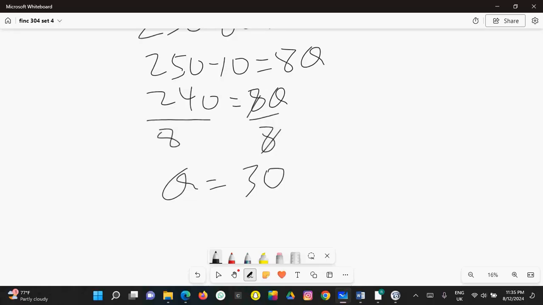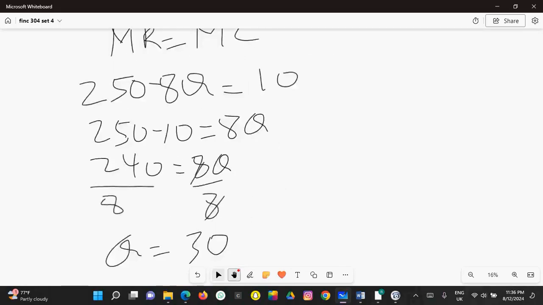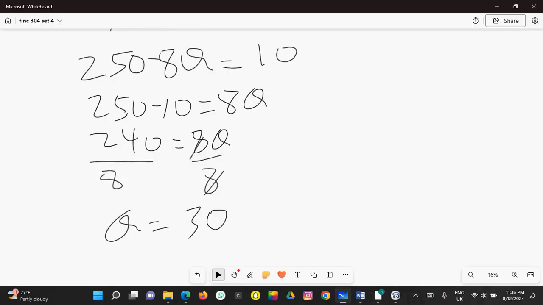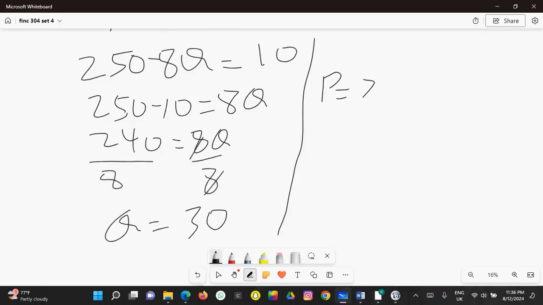Now we've gotten Q to be 30. Let's put Q equal to 30 into the equation and then get P. So remember, P is equal to 250 minus 4Q.